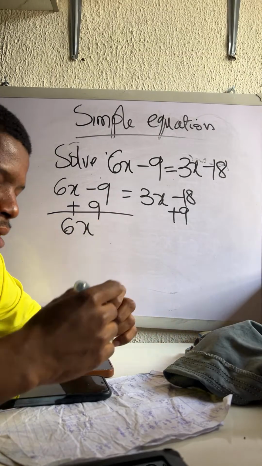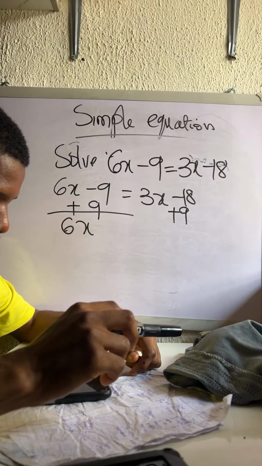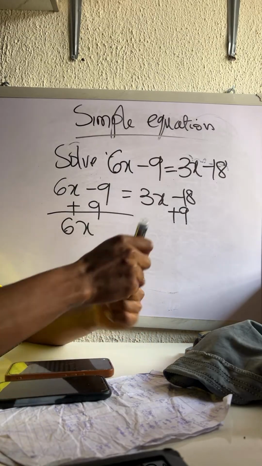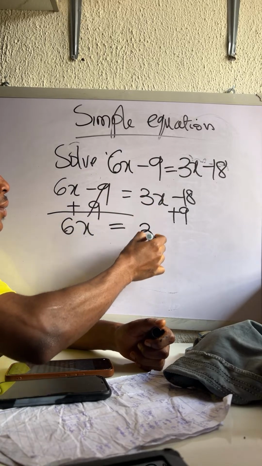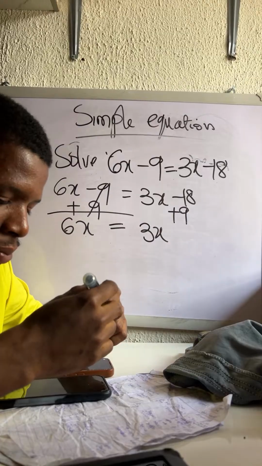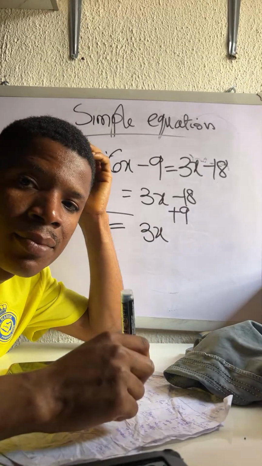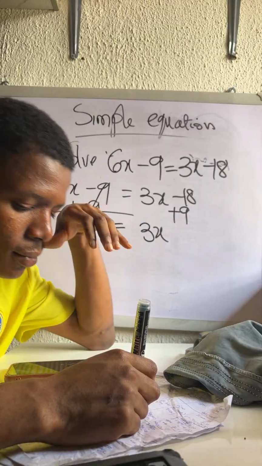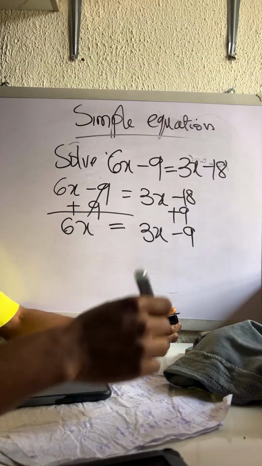Minus 9 plus 9 is 0. So this is out, and that's equal to, we bring down our 3x. What is minus 18 plus 9? Minus 9.